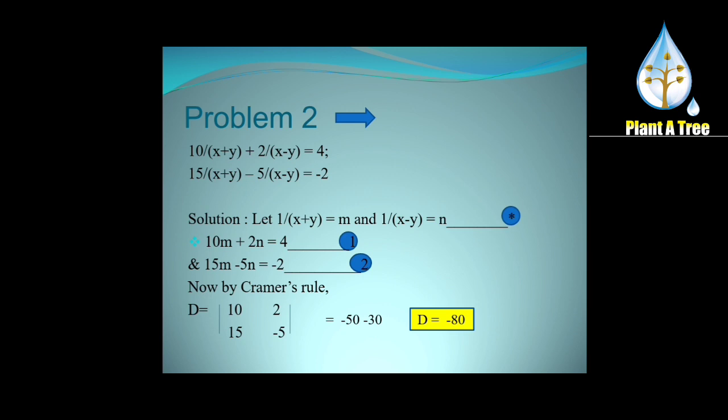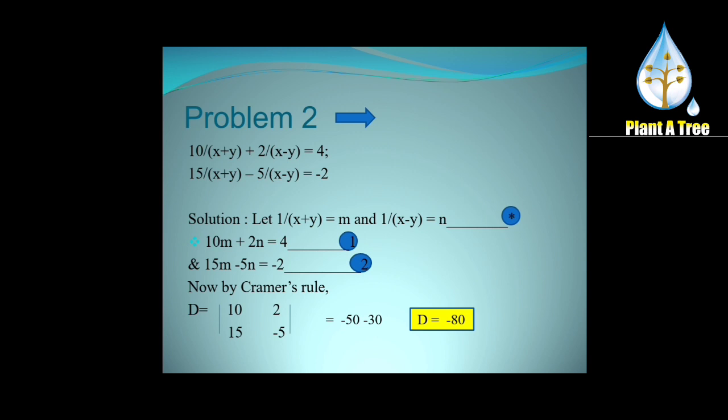So the solution is: let 1 upon x plus y be equal to m and 1 upon x minus y be equal to n. The equations become 10m plus 2n equals 4 and 15m minus 5n equals minus 2. This is similar to linear equations.